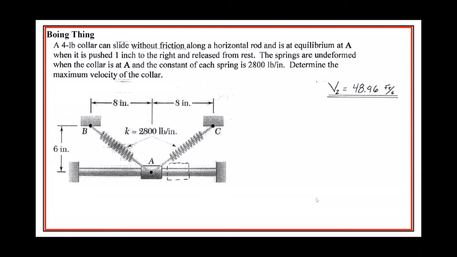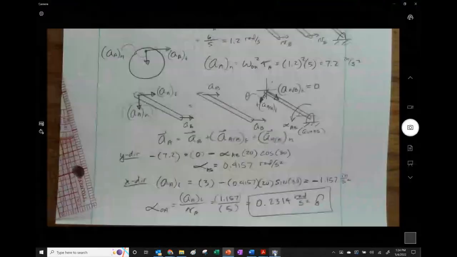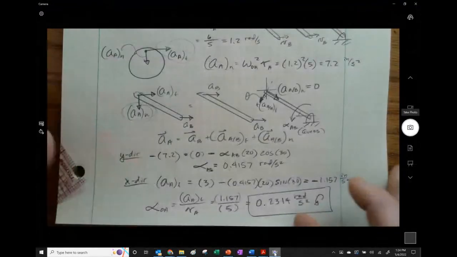All right, so the maximum velocity of the collar, where do you think that's going to be? That's a good question right from the start. Anybody want to hazard a guess where the maximum velocity is going to be of the Boeing thing?